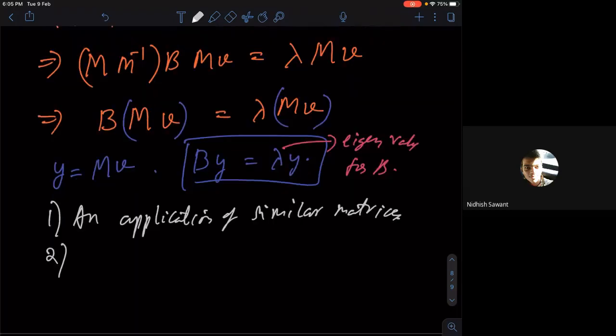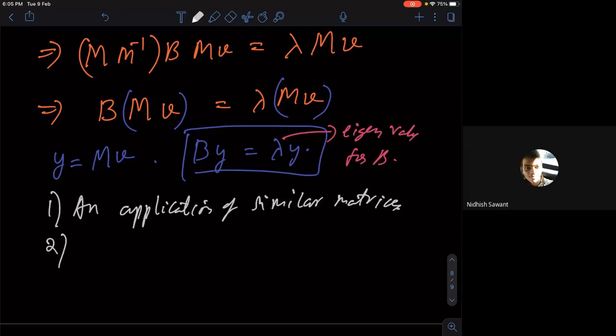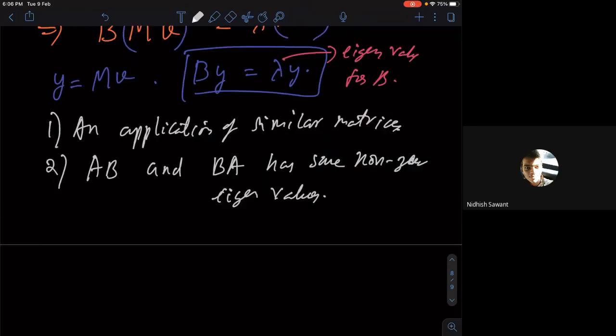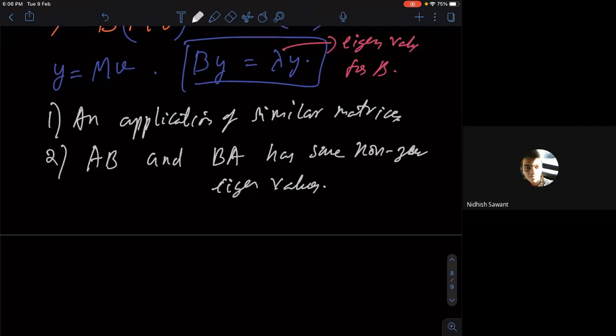Another consequence of similar matrices: AB and BA have the same non-zero eigenvalues. So I'm saying that AB and BA have the same eigenvalues.